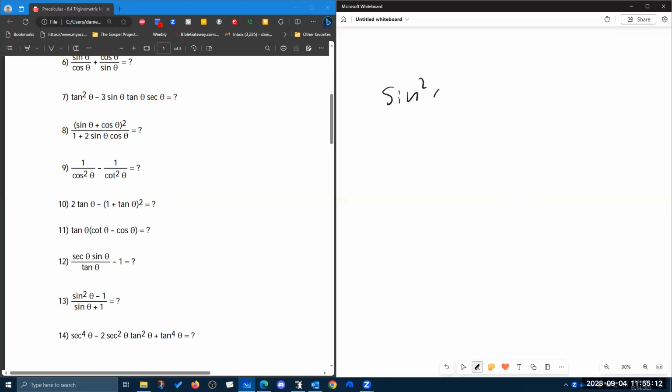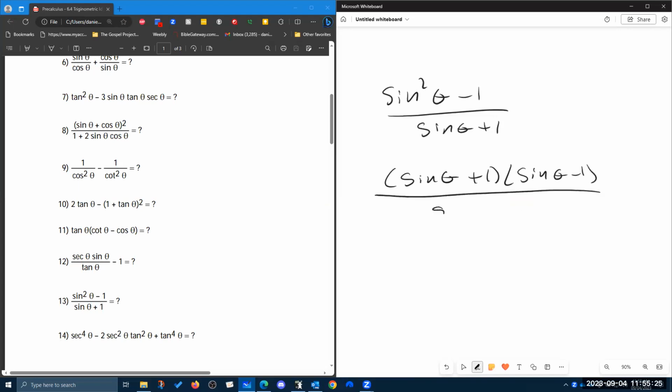Sine squared theta minus 1 over sine theta plus 1. Break this down using the difference of two squares. This factor will cancel and leave me with sine theta minus 1.